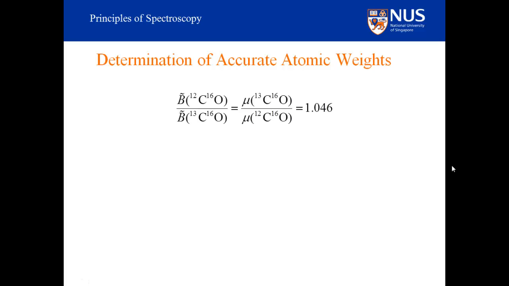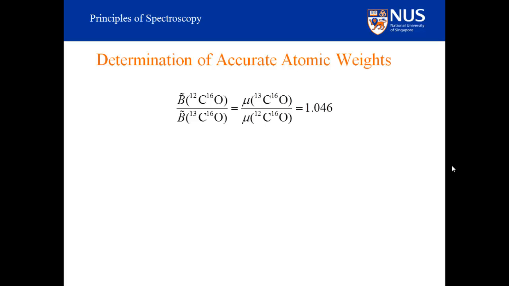The other thing that I can do is accurately determine atomic weights. Because my moment of inertia is proportional to my reduced mass, and my reduced mass is inversely proportional to my rotational constant, the ratio of the rotational constant of carbon-12 to carbon-13 monoxides is equal to the ratio of my reduced masses of carbon-13 to carbon-12 monoxides. And if I measure these two rotational constants, I come up with 1.046.